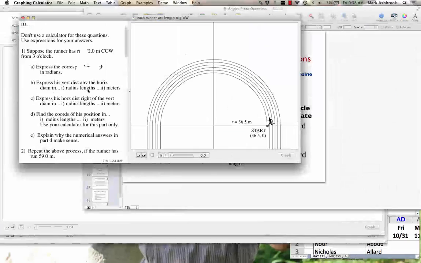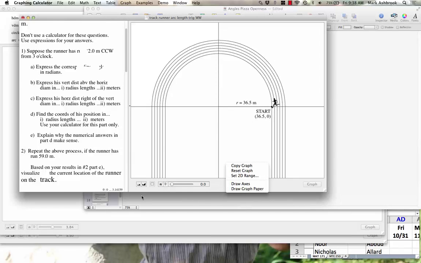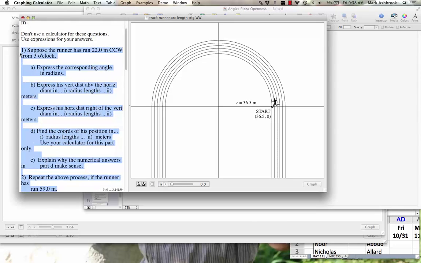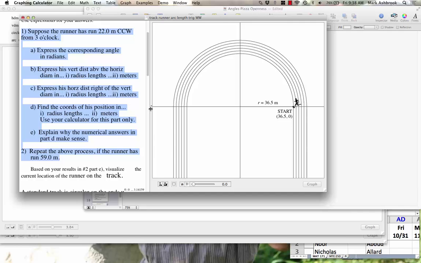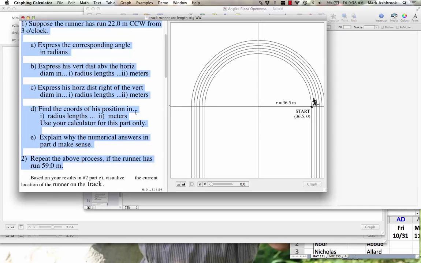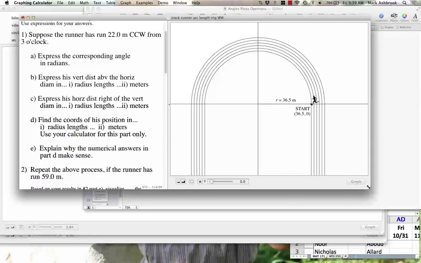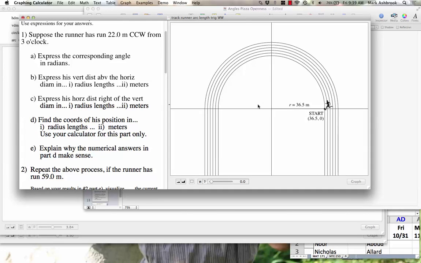Okay, so let's put some stuff together here. Okay, so I've got this is like a top view of a track, which is circular on the ends.